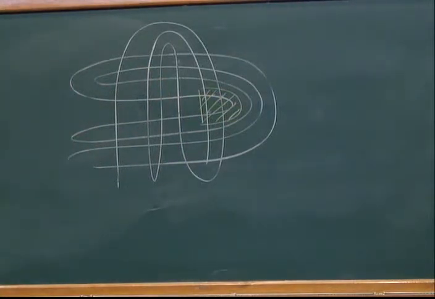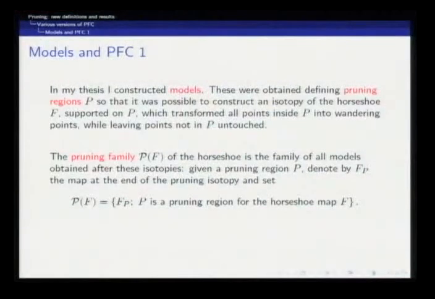That produces a map, which is a model. And you do this in all possible ways. For every one of these pruning regions, you construct one of these isotopies and produce a map, which is a model. Then you consider all the models that you construct in this way, and you call it the pruning family. It's just this family of models that you construct by hand.